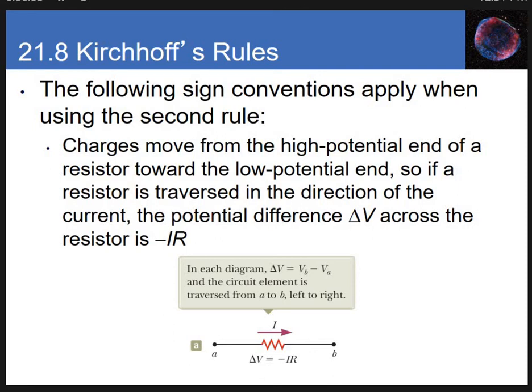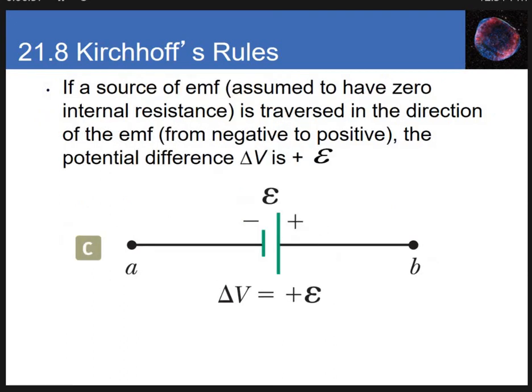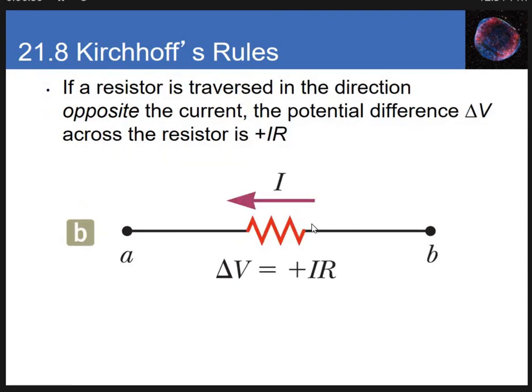If we go in the opposite direction, it will polarize this one positive and this one negative, right? Because the current goes from positive to negative, it will be positive here, since this is connected to the positive side of the battery, and this will be negative.